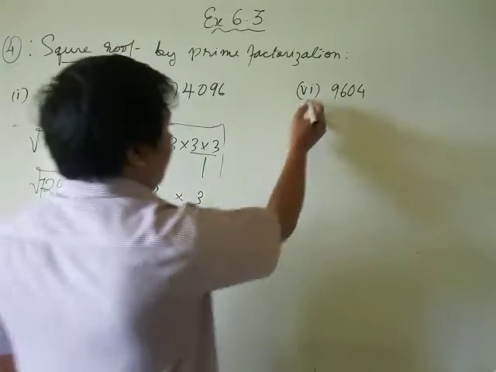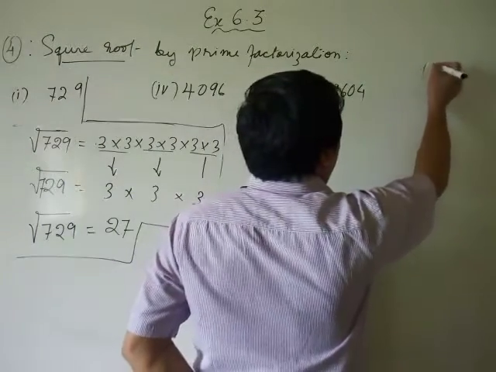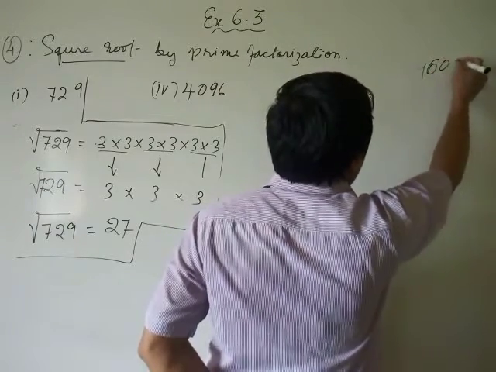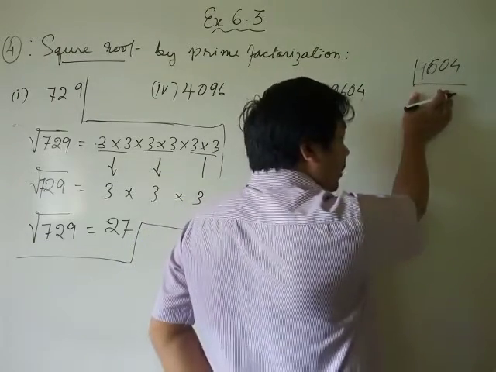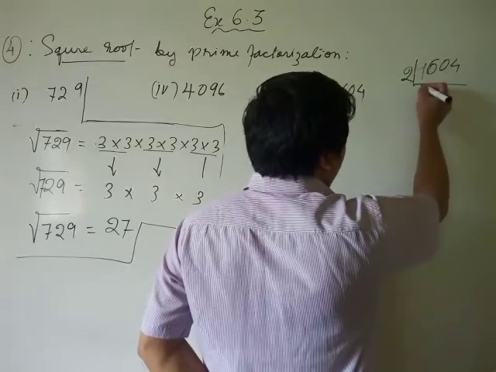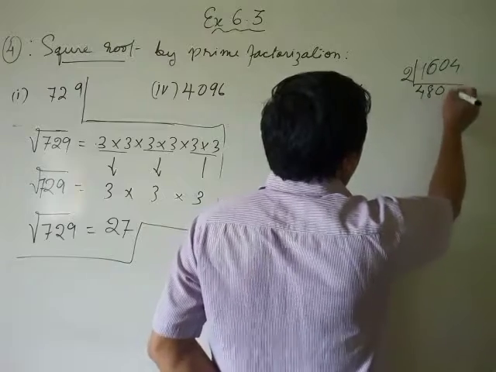So now we have the next, question number 6. I'll show you the same way: we have to factorize this. So let's factorize. We take the prime number 2 first. 2 4s are 8, 2 8s are 16, 0 down here, 2.